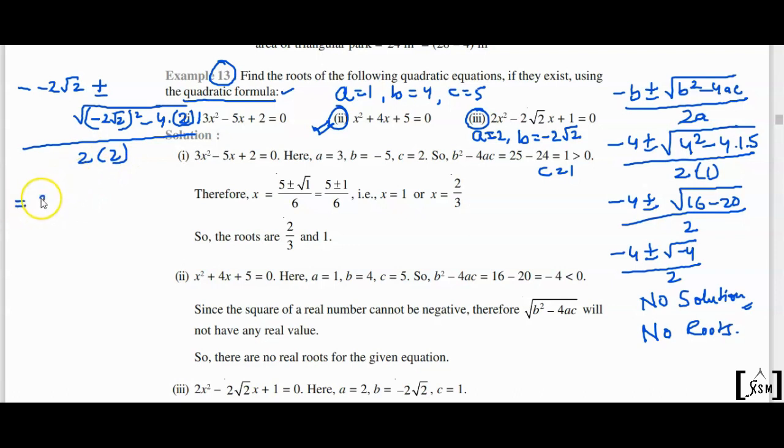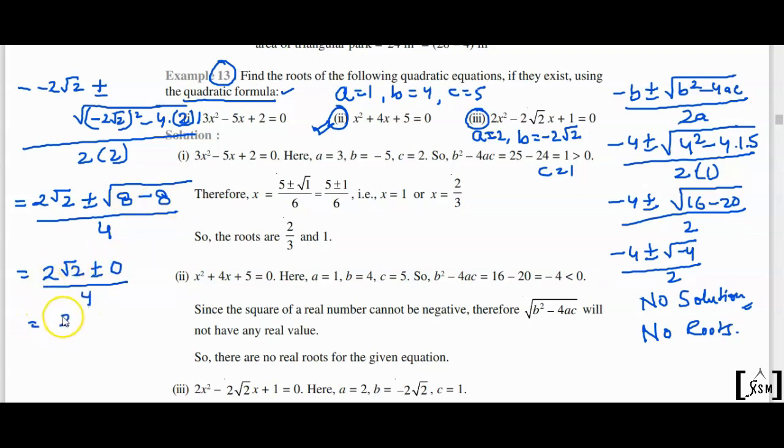So we get positive 2 root 2 plus minus square root of negative 2 root 2 squared, which means the square is on 2 as well as root 2. So 2 square is 4 and root 2 square is 2. So 4 times 2 is 8, and it will be positive, minus 4 times 2 times 1, which is 8, all over 4. So we get 2 root 2 plus minus square root of 8 minus 8, which is 0.